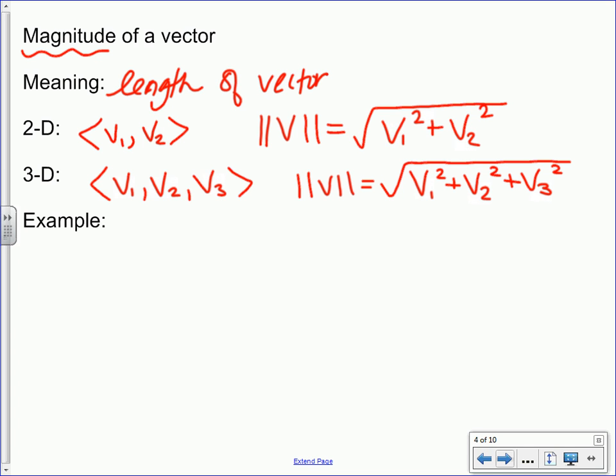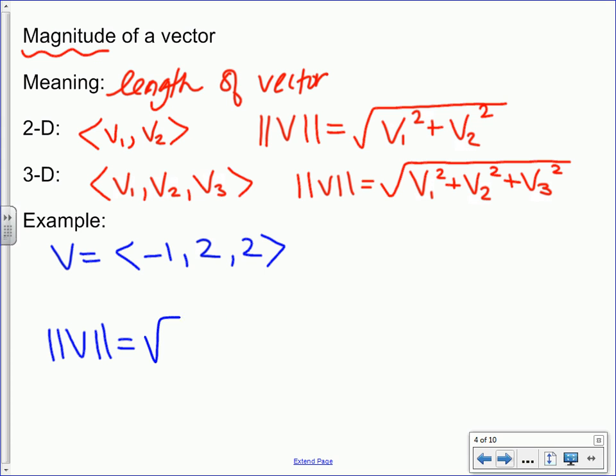So let's find the magnitude of -1, 2, 2. So the magnitude of v would be the square root of -1 squared plus 2 squared plus 2 squared, which would be what? So the length of vector v is 3.